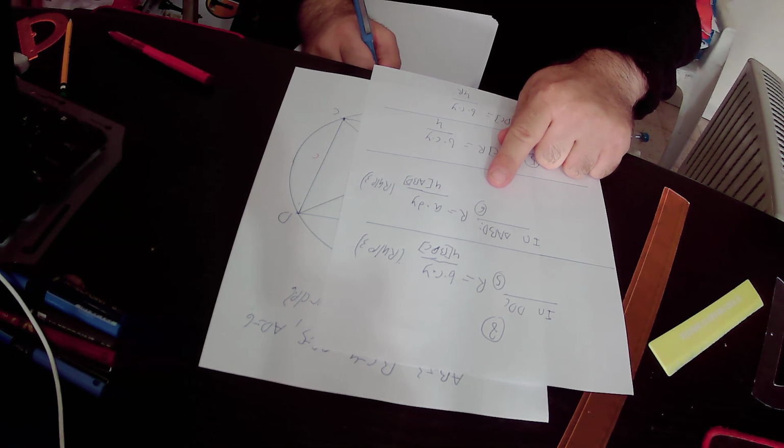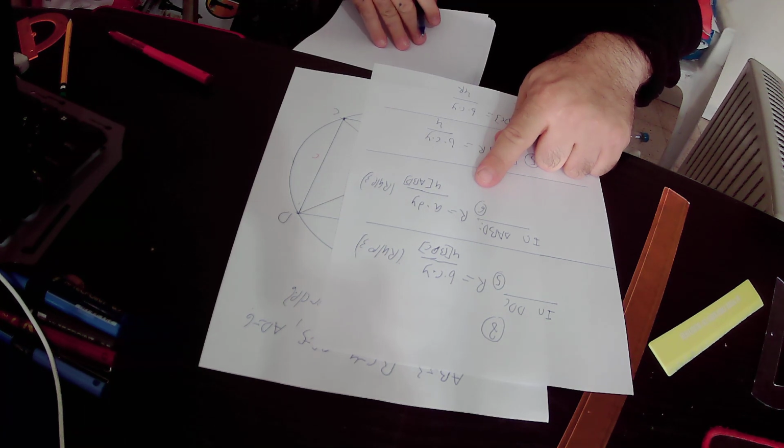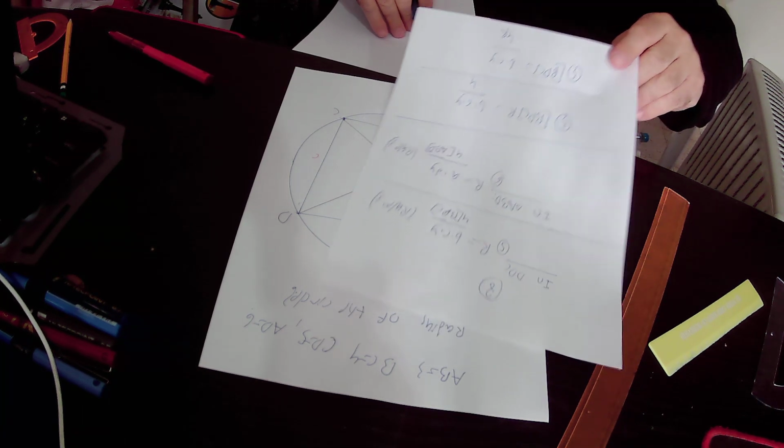So the area of triangle ABD times the radius will be equal to a times d times y over 4. Okay.